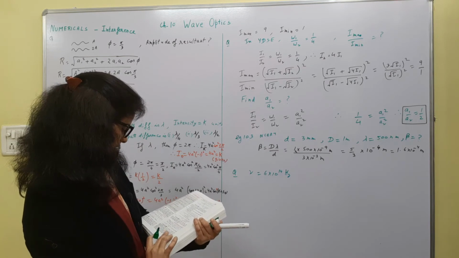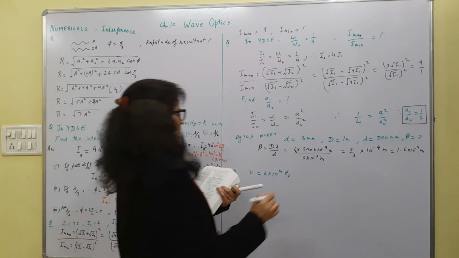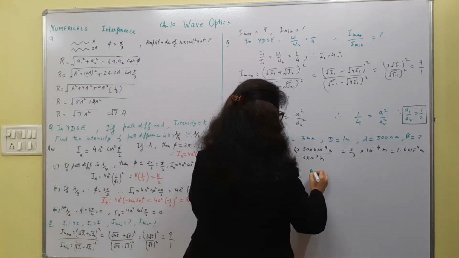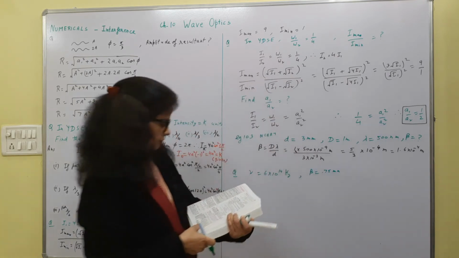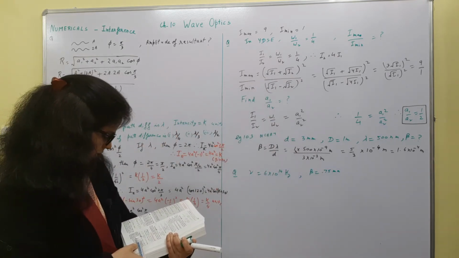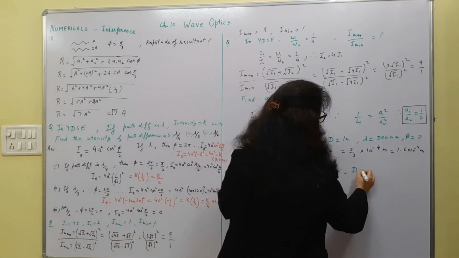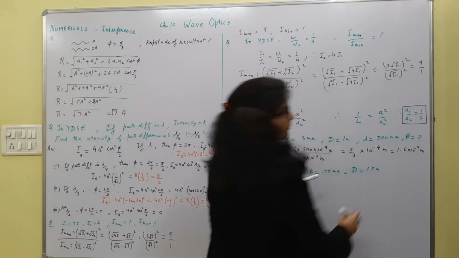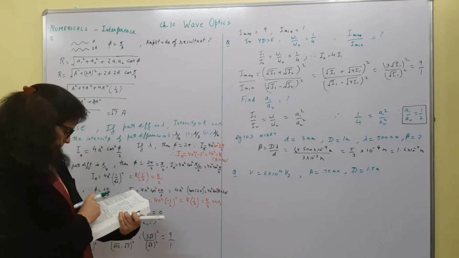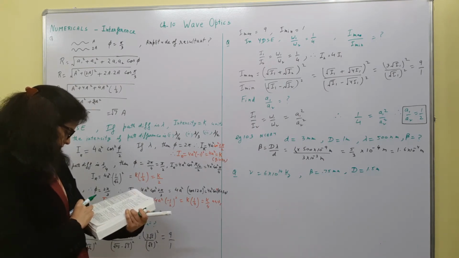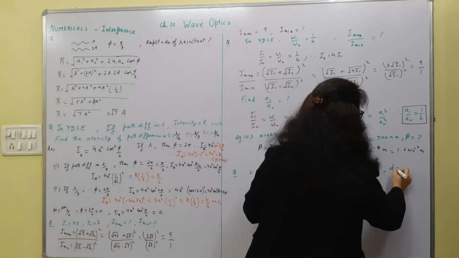And the distance between the centers of adjacent fringes is 0.75 millimeter. That means fringe width is given. If the screen is 1.5 meter away, that means capital D is given. What is the distance between the slits? We have to find the distance between the slits.